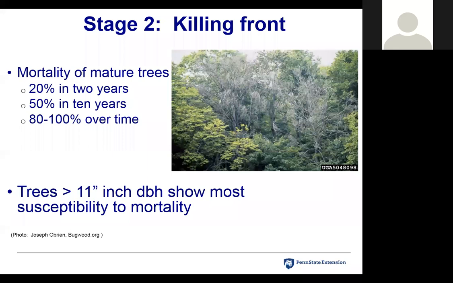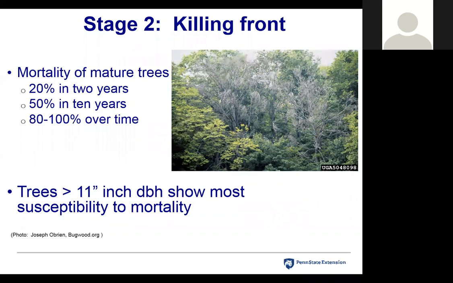During that killing front, it can take time to see complete mortality of mature trees. In the first 2 years, perhaps about 20% mortality of mature trees, it takes about 10 years to see maybe 50% mortality, and perhaps almost 2 decades to see 100% mortality. So this is not a quick thing.